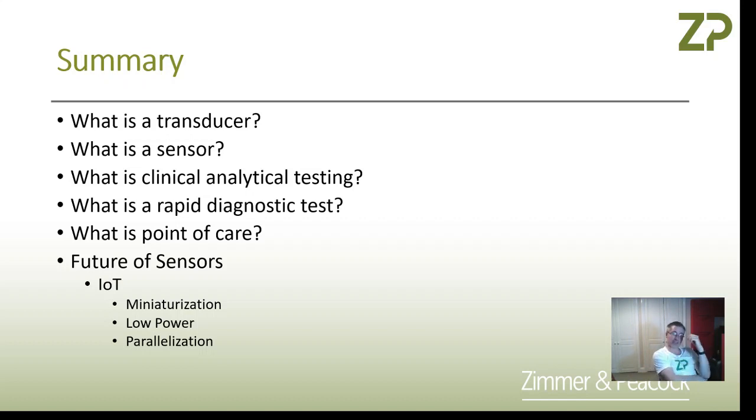Now, the future of sensors, I think one of the big futures of sensors is wearable. And really connected to that is the Internet of Things. And on the Internet of Things, biosensors are miniaturizing. They need to become low power. And I think there's going to be a lot more sensors, or a lot more biological sensors, in the environment, or on us as people, or in our rooms, all sending data.